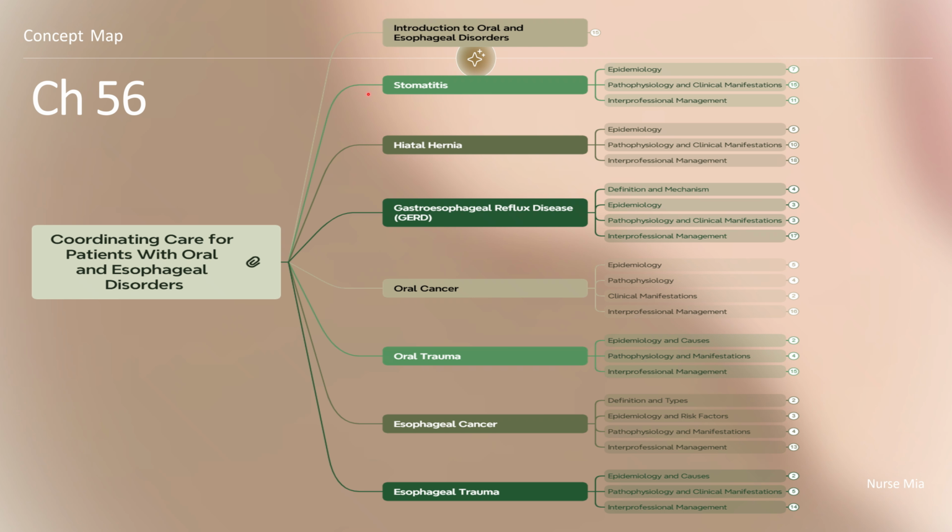Then we have stomatitis, hernia, GERD, oral cancer, oral trauma, esophageal cancer, esophageal trauma. Each of these disorders has the epidemiology, pathophysiology, and interprofessional management. So see you next in the introduction.